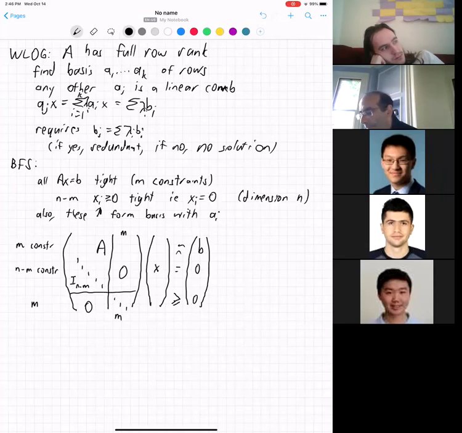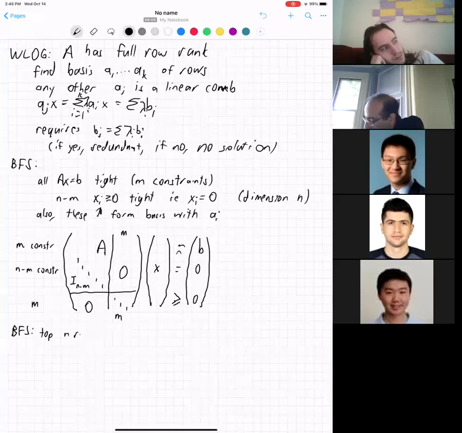Now, our BFS is the top n rows. And what I said is that they're a basis. In other words, they are linearly independent rows.